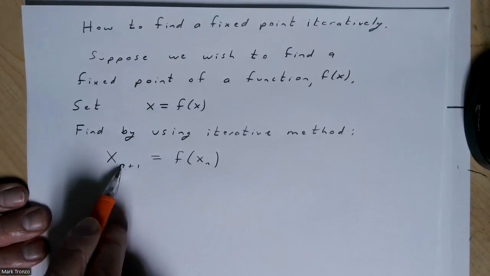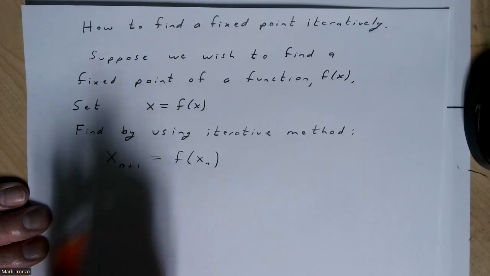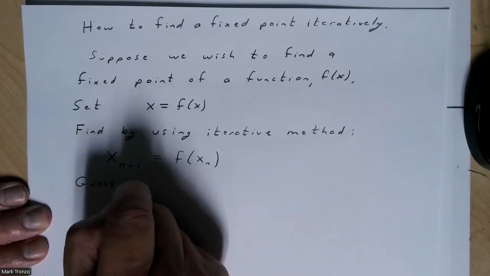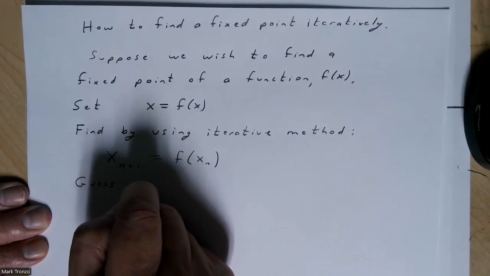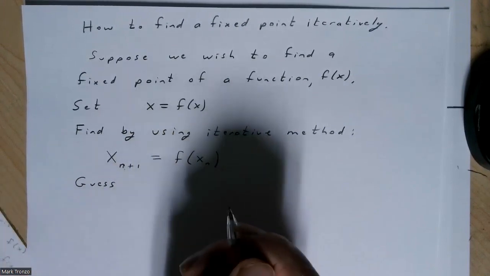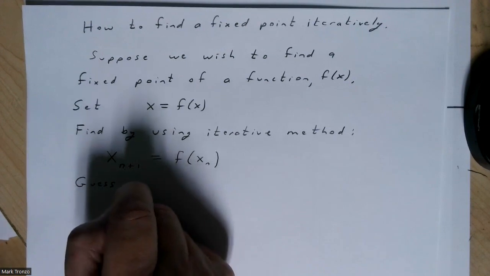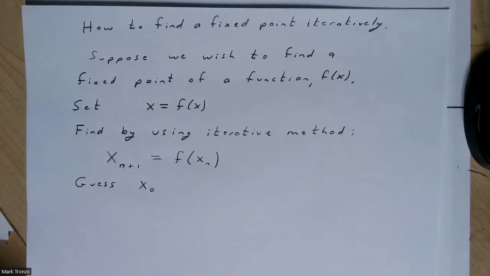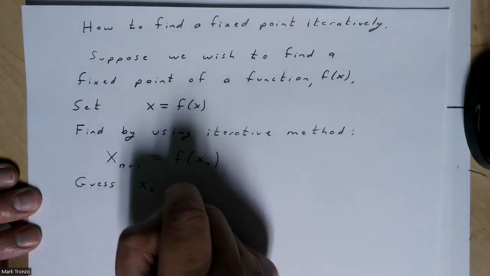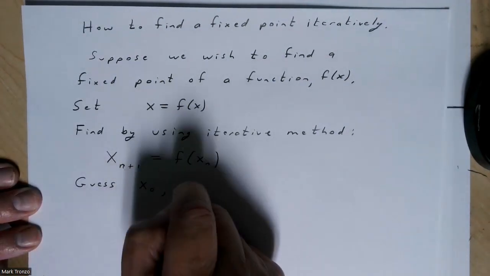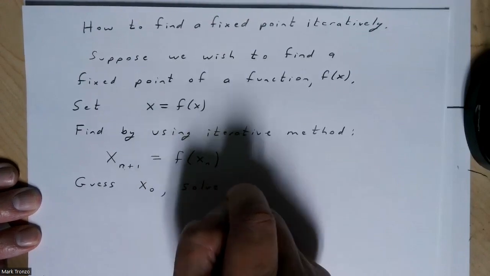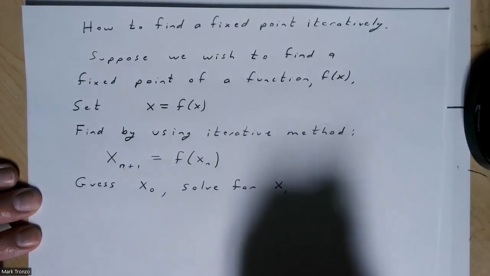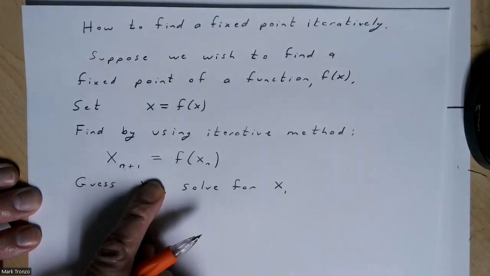And what we'll do, we'll guess an original starting point, I don't know what you want to call it, maybe x naught. And then solve for x1, and then go through the process again.